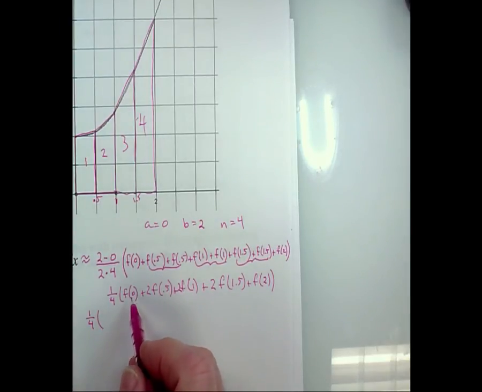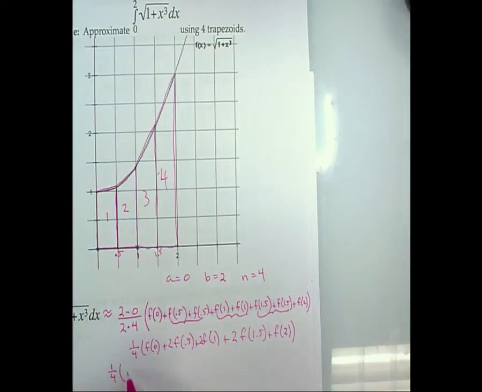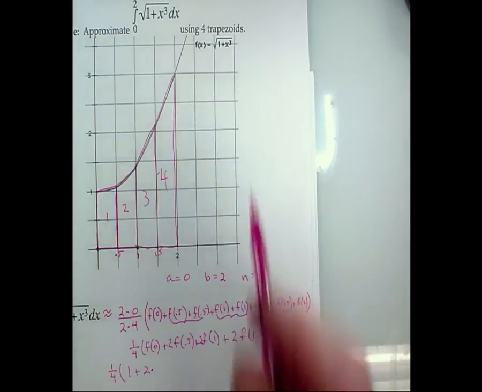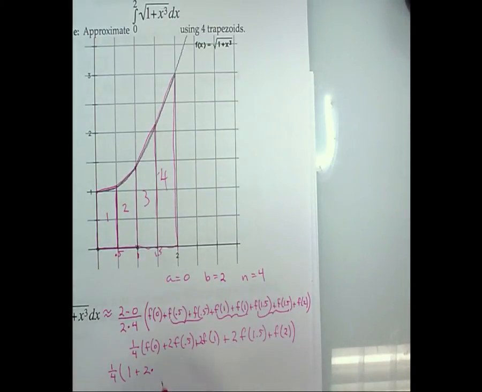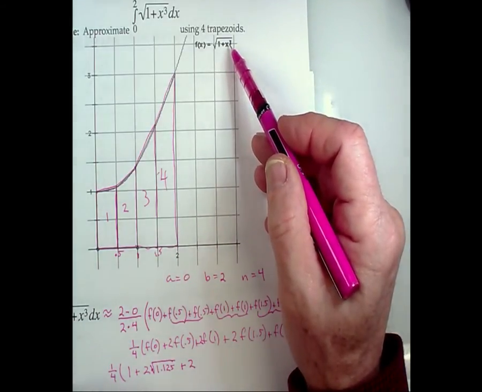If I plug 0 into this formula right here, I'm going to get 1 plus 2 times... Now if I put 0.5 and cube it and add 1, I think I get the square root of 1.125, I believe. Plus, I'm going to have 2 times... If I put 1 into here and cube it, I get 1.